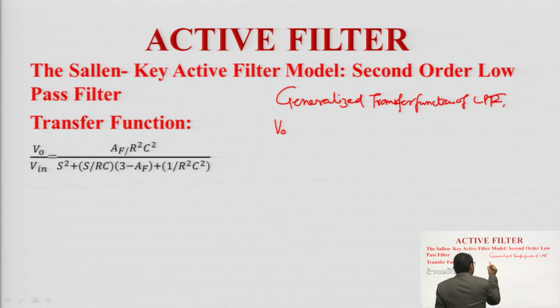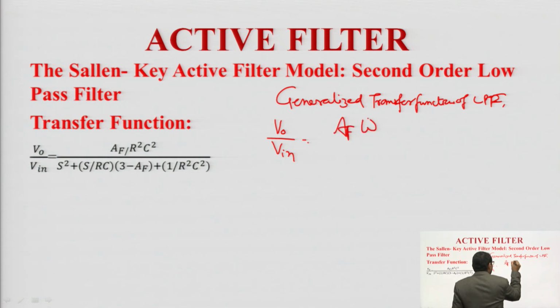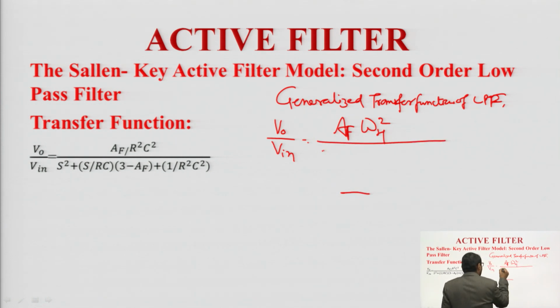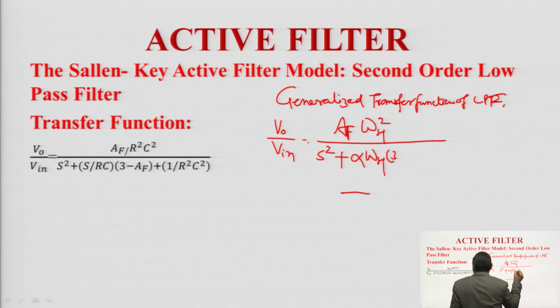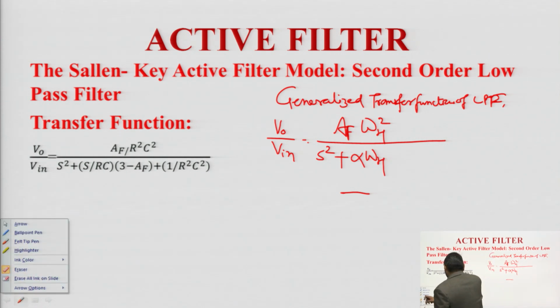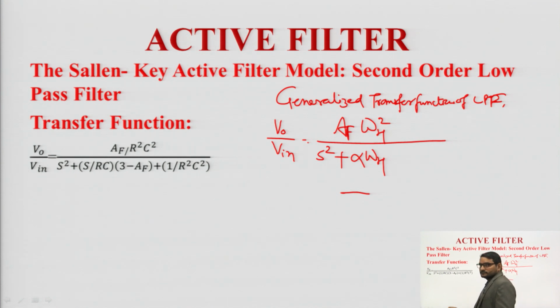So, we get V out by V in is equal to A_F omega_H square, S square plus alpha omega_H S plus omega_H square.